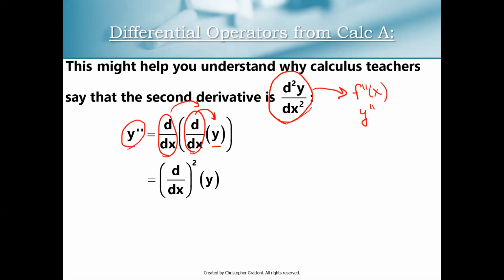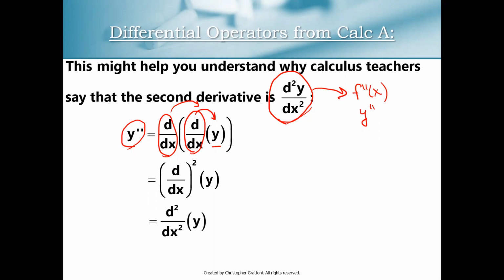So we can write d dx times d dx as d dx squared. Now this is a little bit of a misuse of notation because I'm treating this as multiplication and really, this is more of a composition, but that's how this differential operator notation works, and it turns out to work pretty nicely in this context.